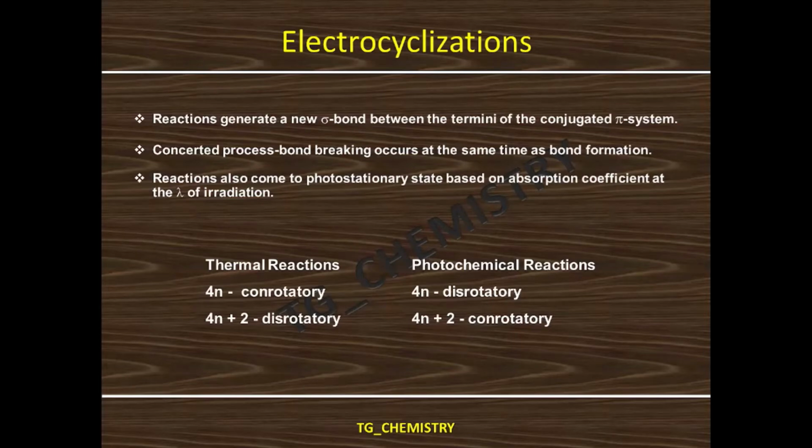In the case of photochemical reaction, it is the other way around. Here the 4n pi system adopts the disrotatory mode of ring closure or ring opening, and the 4n plus 2 pi system adopts the conrotatory mode of ring opening or ring closure.